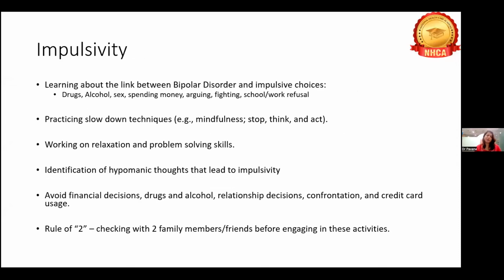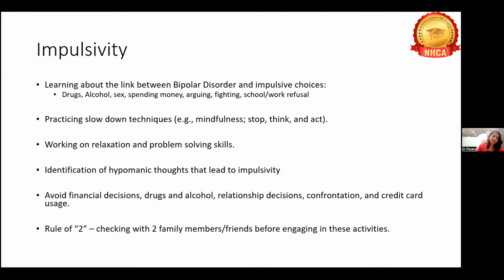This is very, very important for us to assess over and over for impulsivity, because whenever the patient is having a hypomanic or manic episode, he usually gets into promiscuous behavior, having multiple sexual partners, overspending money, arguing or fighting, school or work refusal. All these things might be impulsivity which he is noticing.